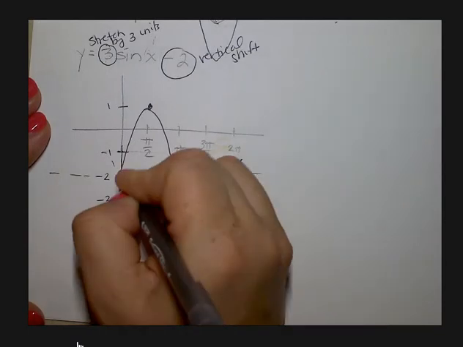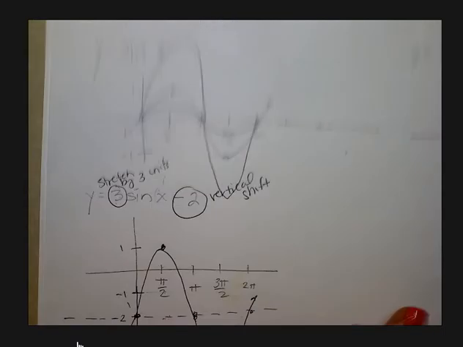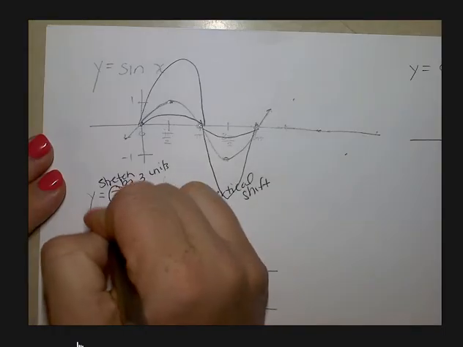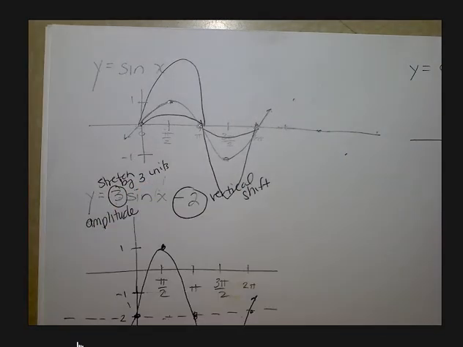Make sure to include arrows on both sides. Remember that this is an ongoing curve. The number 3, which we refer to as a stretch, you're writing this in your notes, is called the amplitude. Please write that down. The number in front of the function is referred to as the amplitude.